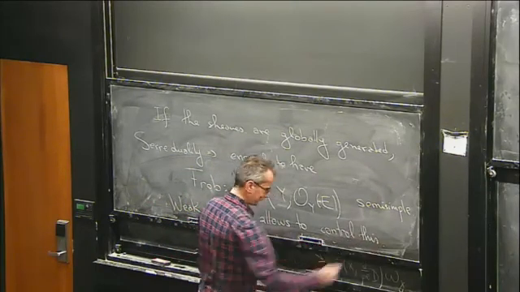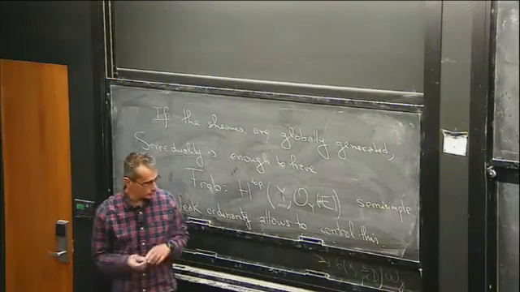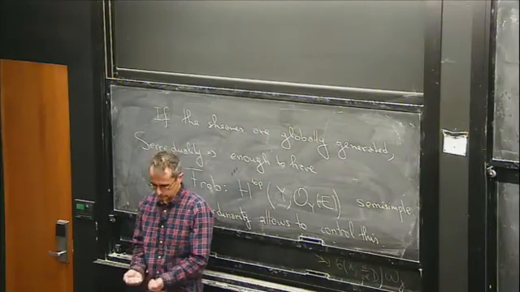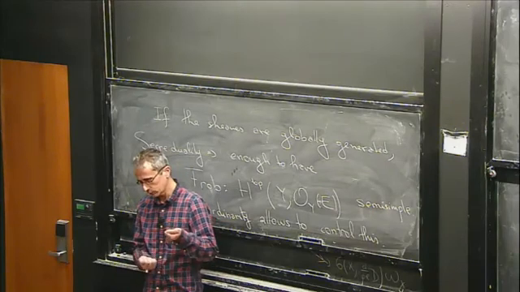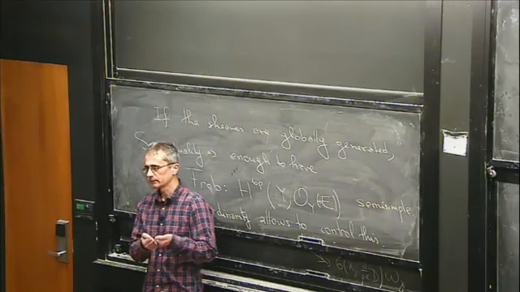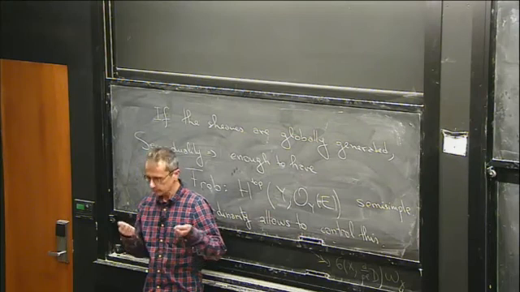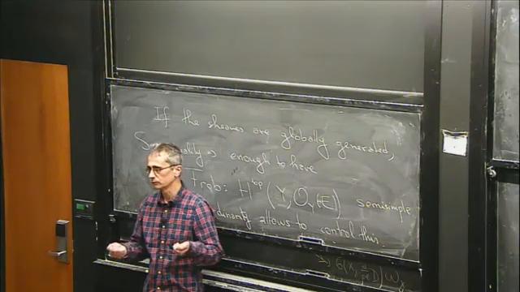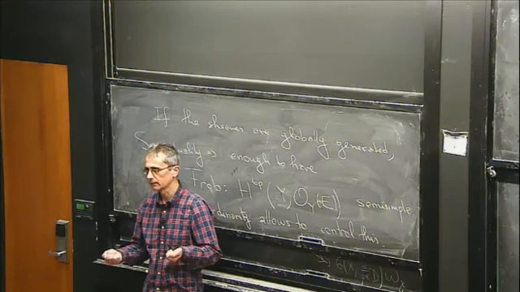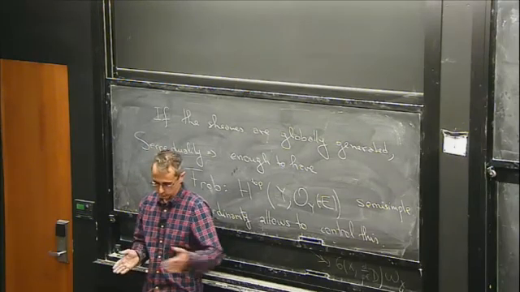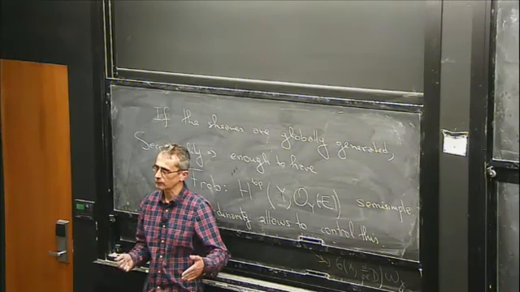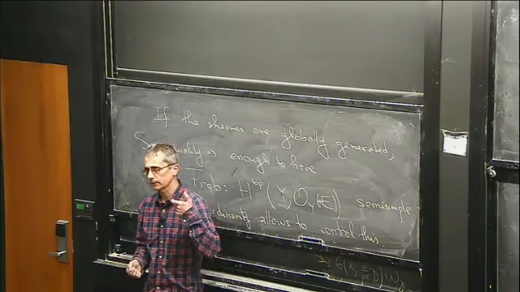All right, so I'm already over time, so I won't write anything else. So the question is what to do. Of course, I made this important assumption for the computation that the divisor is reduced. So the way to be able to carry this computation in general is to first do semi-stable reduction, which means that you do some finite base change, which allows you to reduce to the case when you have a reduced divisor.